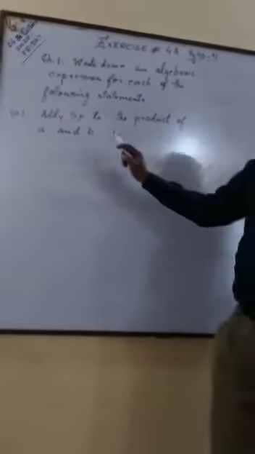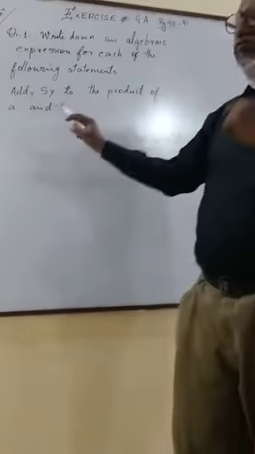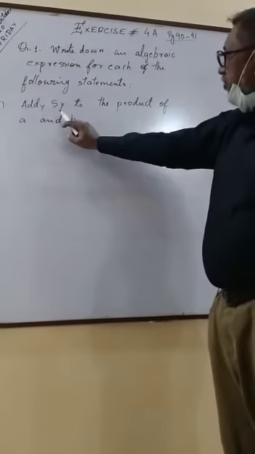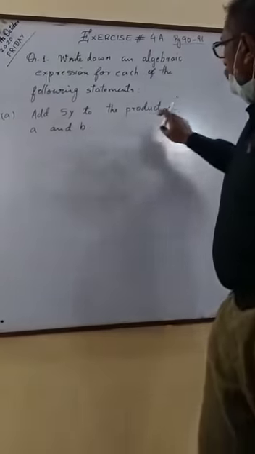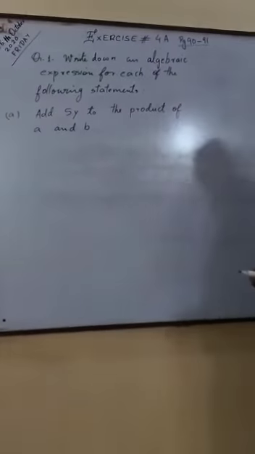Okay, so let's see what the statement says. The statement says that 5y should be added to the product of A and B.